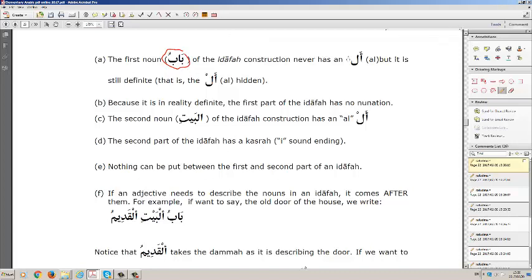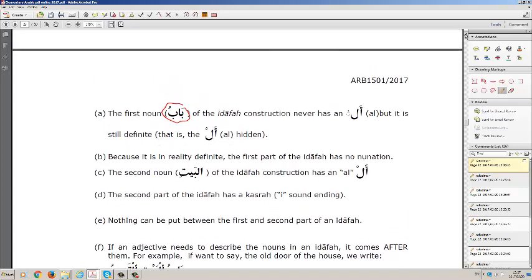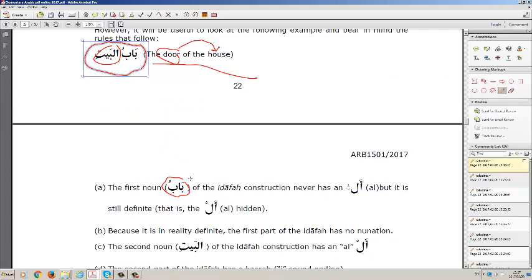Because the first noun in an idafa construction, in a genitive construction, does not take an al. It means the door, but the al is hidden.